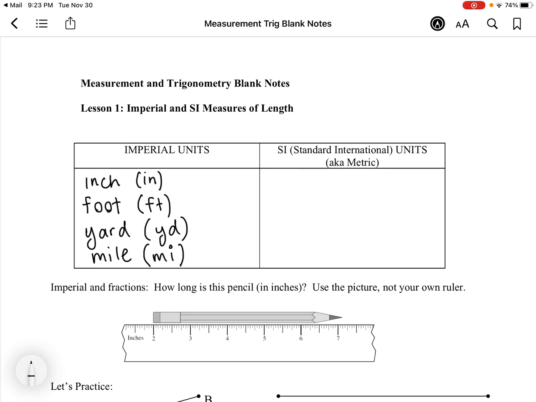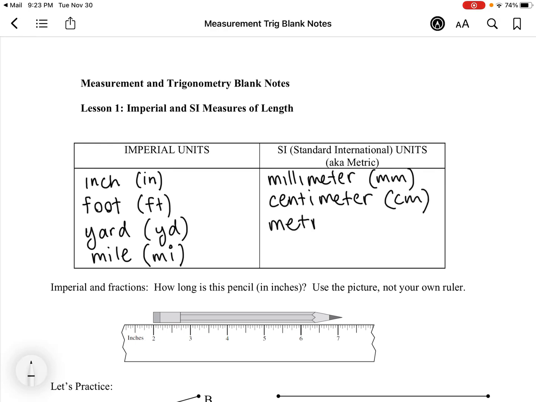The metric units, the smallest unit of length that we typically see is the millimeter. Then there is the centimeter. There is the meter, and this is the standard unit.